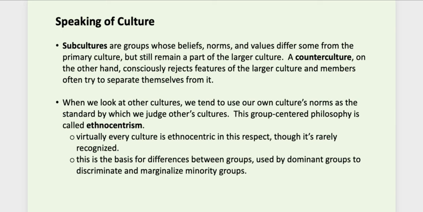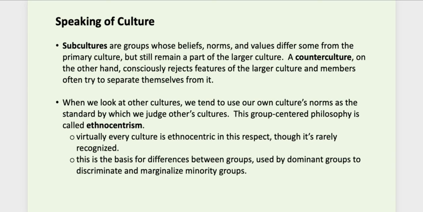Another concept in the study of cultures is subcultures, and these are groups within a given culture whose beliefs, norms, and values differ some from the primary culture, but they still remain a part of the larger culture. Whereas a counterculture is a group within a culture that consciously rejects features of the larger culture, and members will try to separate themselves from the larger culture.